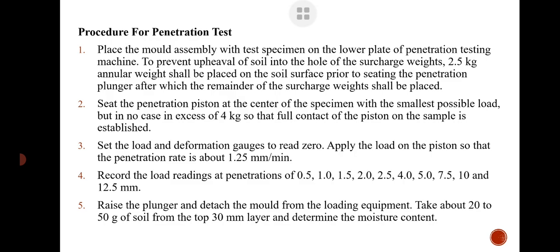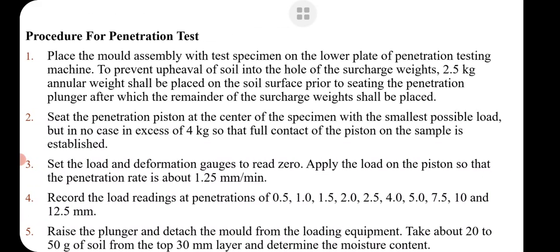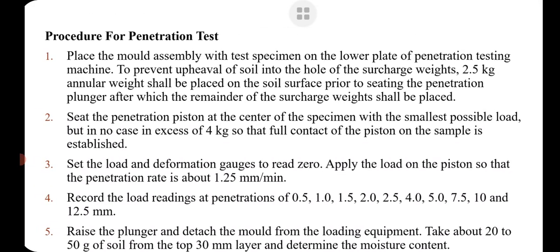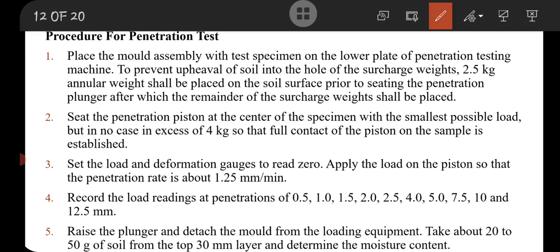After preparation of the mold assembly, we have to keep the mold for 96 hours in water, applying a filter paper over and below the mold so that no inert material will enter the soil specimen.